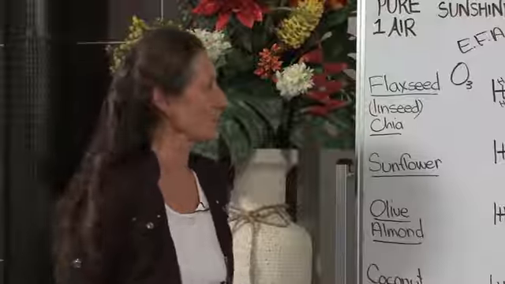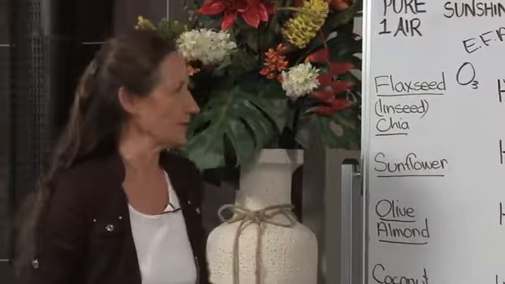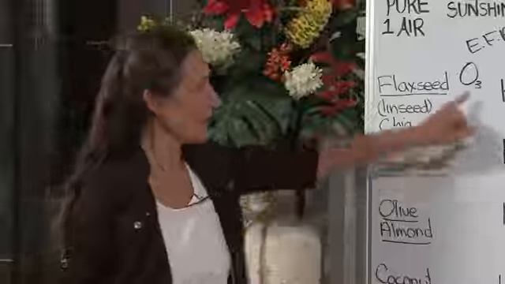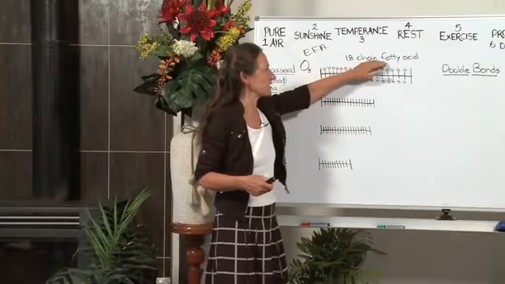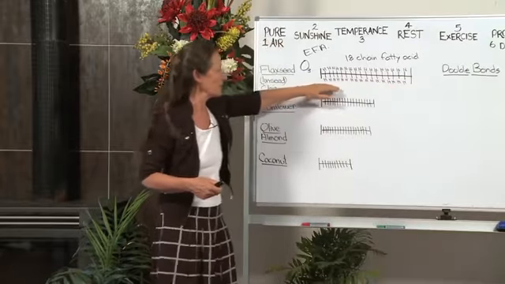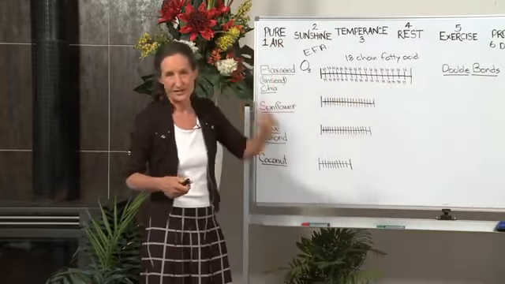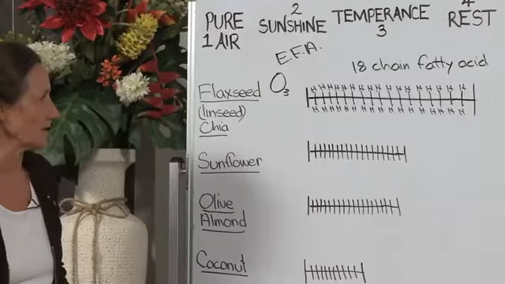What I'd like to show you now is why it is so important in the body. Omega-3 is an 18-chain fatty acid. This is the molecular structure of omega-3. There are 19 trillion of these in one drop of oil, so that's the magnification that we're looking at.